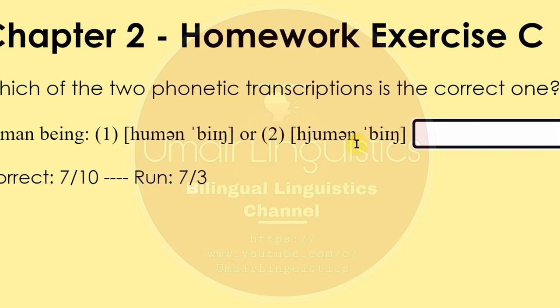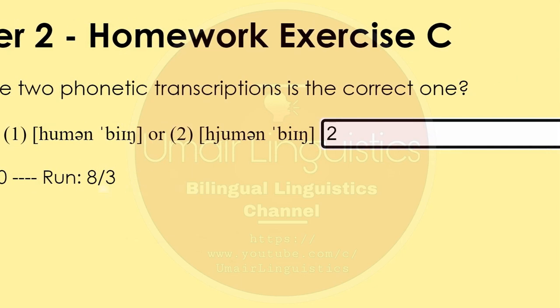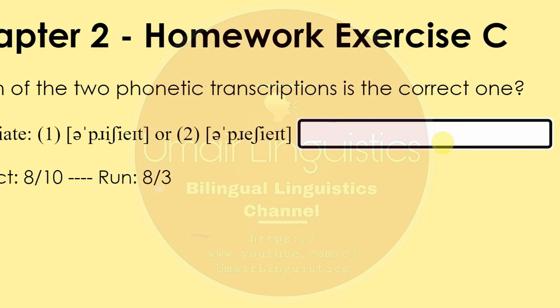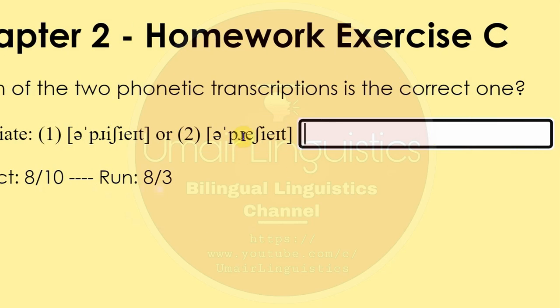Then human being, and this is human being. So what is the problem? This y sound is not present here, because we don't say human being, we say human being. So the second one is correct. Then appreciate, and this is appreciate, not appreciate.